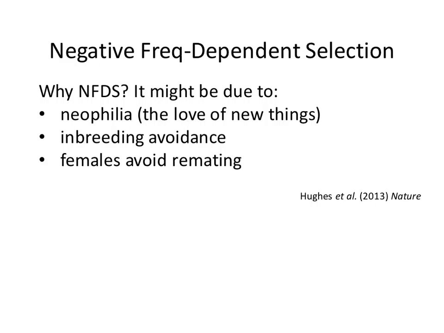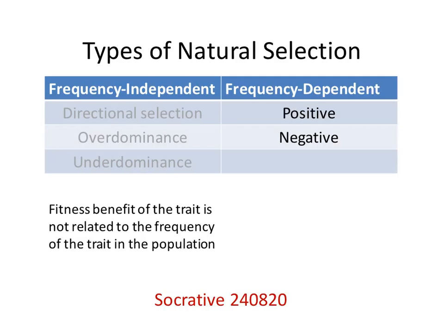So I'd like to leave you, well, I am going to leave you with a quick Socratic written exercise. This will be open for a couple hours. Don't write too much. But basically what I'd like you to do is to think about, everybody or almost everybody has picked a topic for the term paper. Take the last couple of minutes of class, reflect on whether or not any of this frequency dependent or frequency independent selection has to do with the trait that you picked.